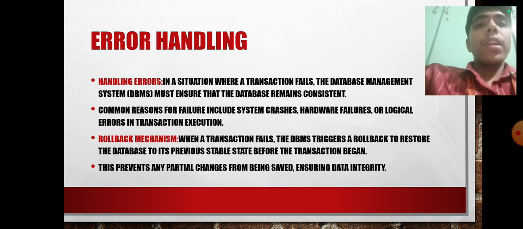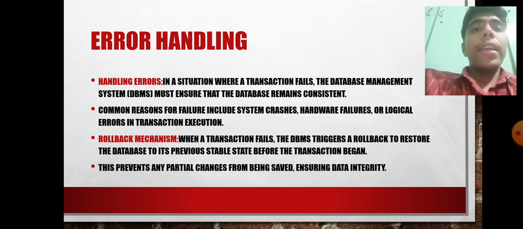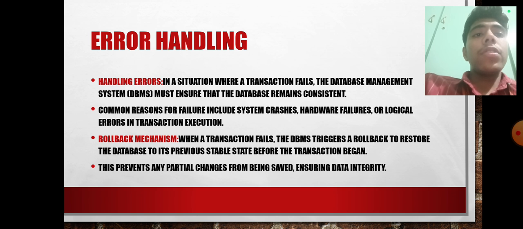And the next topic is error handling. In a situation where a transaction fails, the database management system must ensure that the database remains consistent. Common reasons for failure include system crashes, hardware failures, or logical errors in transaction execution. Rollback mechanism: when a transaction fails, the DBMS triggers a rollback to restore the database to its previous stable state before the transaction began.